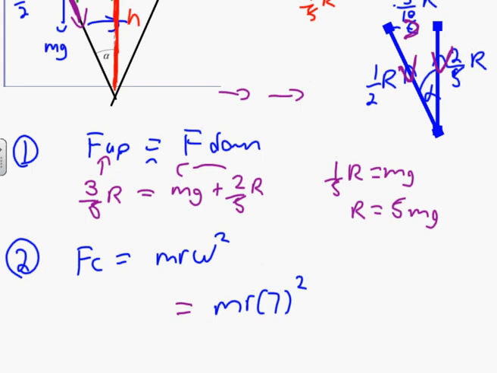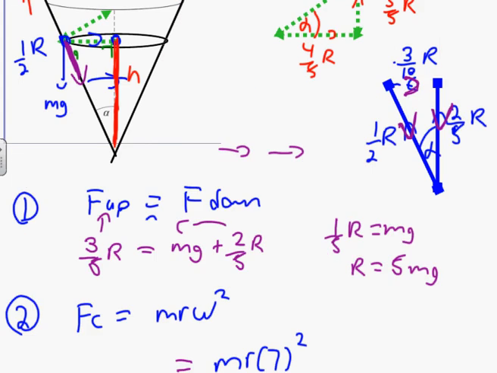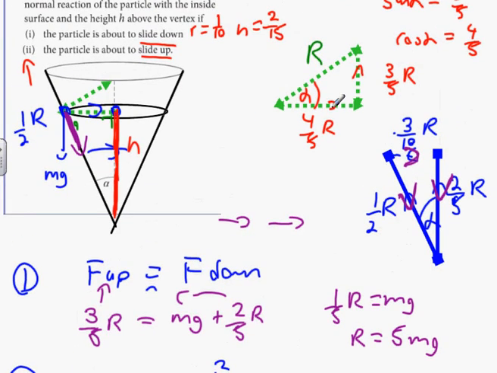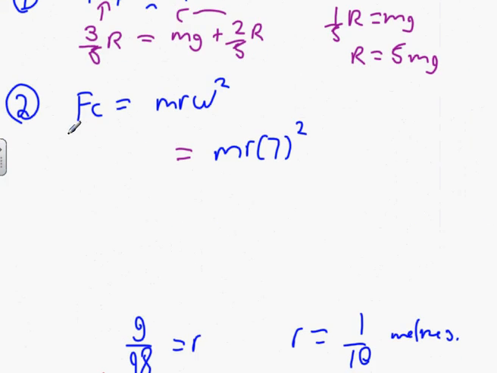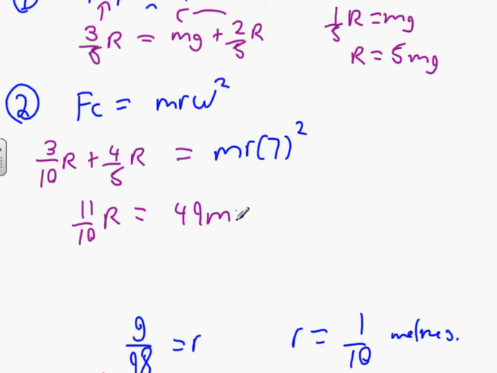Your 3 over 10 r going into the right, and what else? My 4 over 5 r from the green triangle, and my 3 over 10 from the blue triangle. So 3 over 10 r plus 4 over 5 r. Okay, add them together and we get 11 over 10 r equals 49 r.